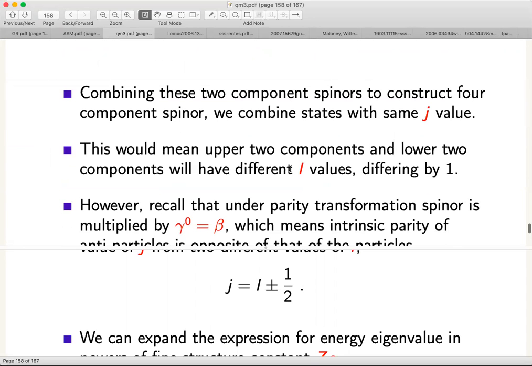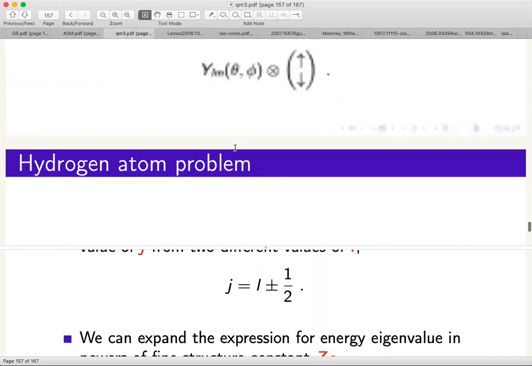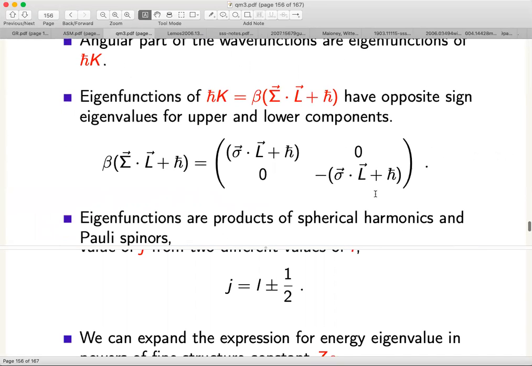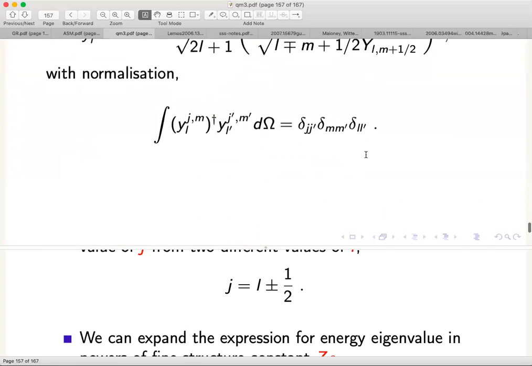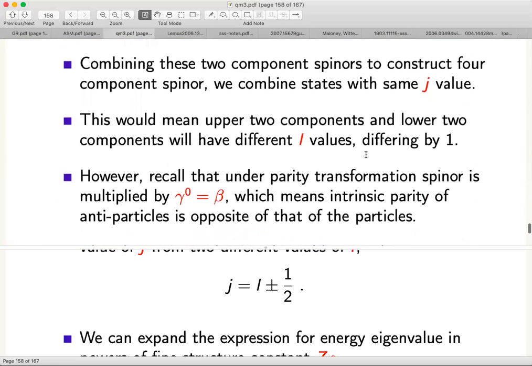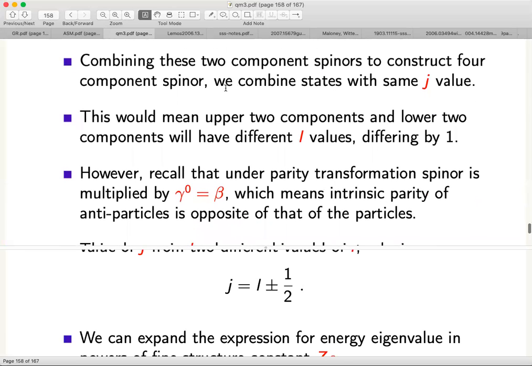So what we need to do is to combine these two component spinors. Remember the total spinor of course has to be 4 component. So we are going to combine these two component spinors to write down a 4 component spinor. Since j is a correct quantum number in the Dirac representation, we will choose the upper and lower component spinors to have the same j value.